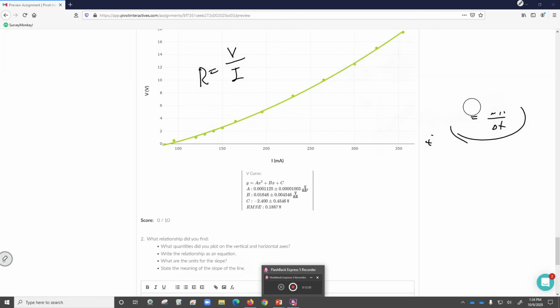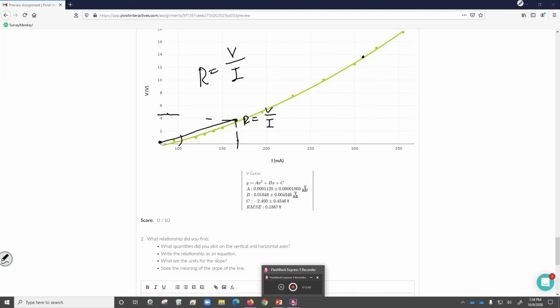And I could ask a question: what is the resistance when voltage and current are equal to these values? Well, you would say, okay, it has to be equal to V over I. What is V over I? That's the slope of this line, which begins at the origin. That's what V over I is.